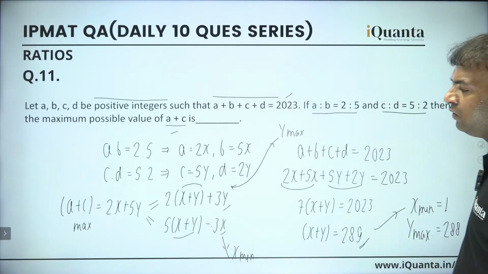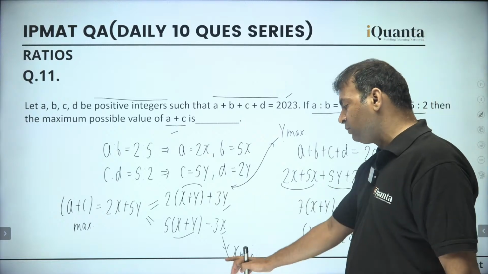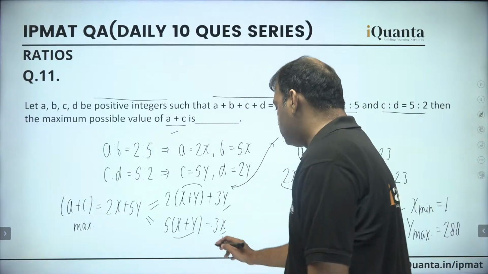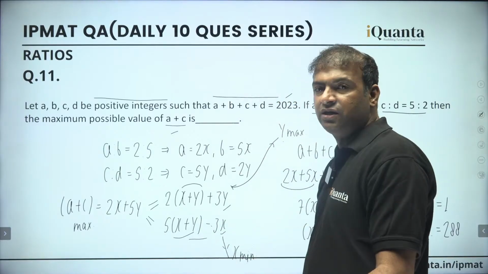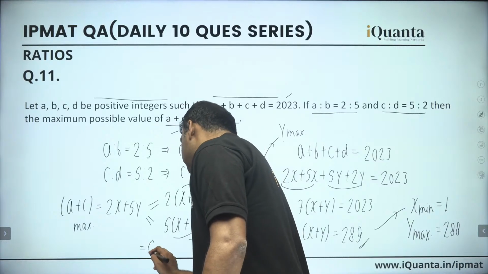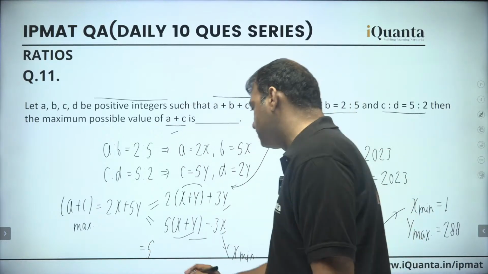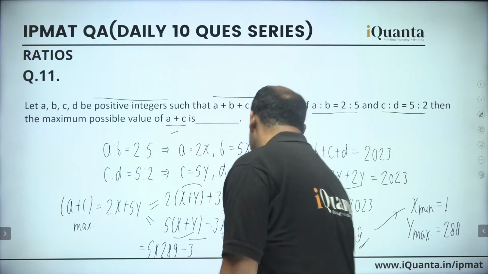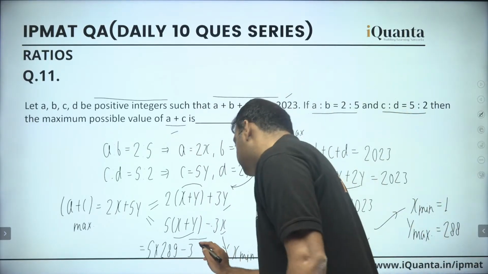Okay guys, now either put the value of y here or put the value of x here, both are going to work, right? So let's do it with this because this will be easy in terms of calculation. So what should be this guys? 5 into x plus y, which is 289, minus 3 into x, and x minimum is 1, simple.